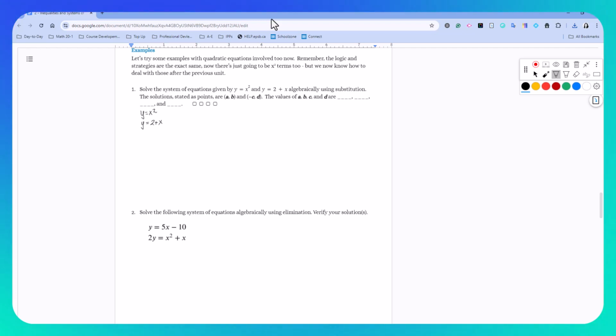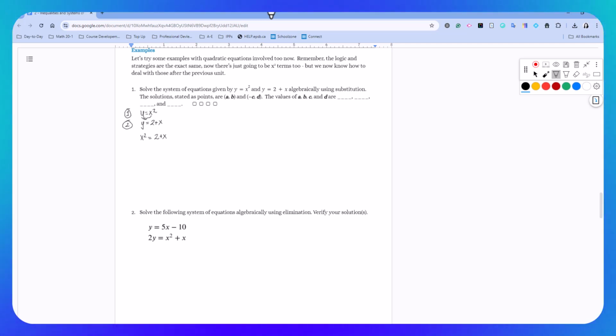Well, this is nice because in substitution, we want to isolate one of the variables to substitute into the other equation. Well, in this, we already have isolated the y, so now we can go ahead and substitute it into the y of the second equation. So this is going to give us x squared equals 2 plus x.